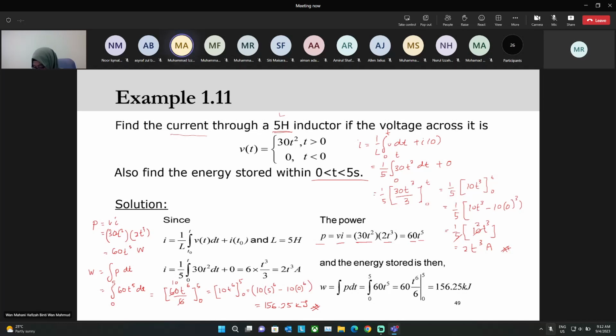Dapat. 5 kuasa 6 darab dengan 10. So 156.25 ataupun you nak letak 156,250 joule pun okey juga.